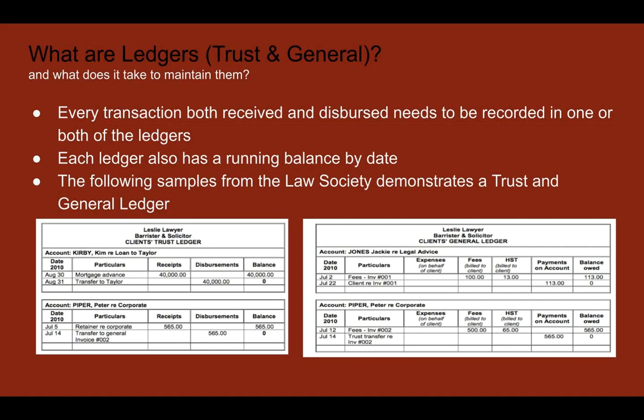Now, the trust transfer happens in many different methods. Some people like to write checks from trust to the general account. Some people like to do internal bank transfers. Some people do electronic fund transfers. If you are in Ontario, what the Law Society says is that if you're electronically transferring funds from trust to the general, you will need to provide Form 90. Not just the client, but also the Law Society.